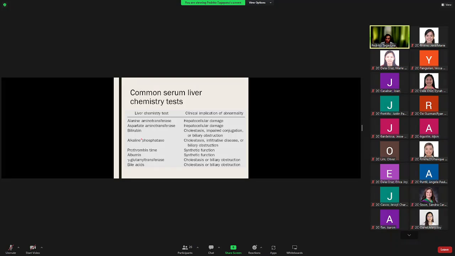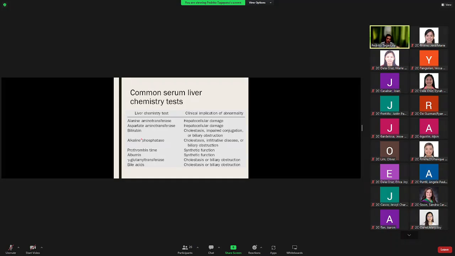Prothrombin time is used to assess the coagulation pathway, but it is also used to assess the synthetic capacity of the liver. So it has different usage, but this test is being done in hematology.